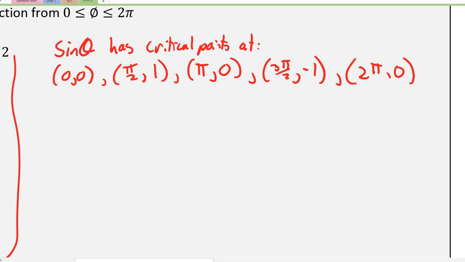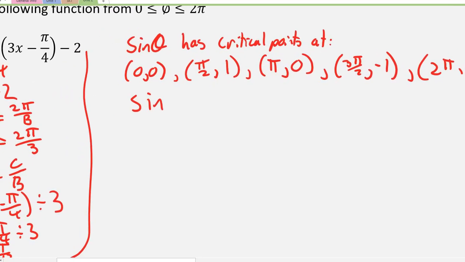Okay. If I took into account the amplitude, let's do the phase shift first. Not phase shift, vertical shift. So if I took into account sine, and what are we, minus 2?